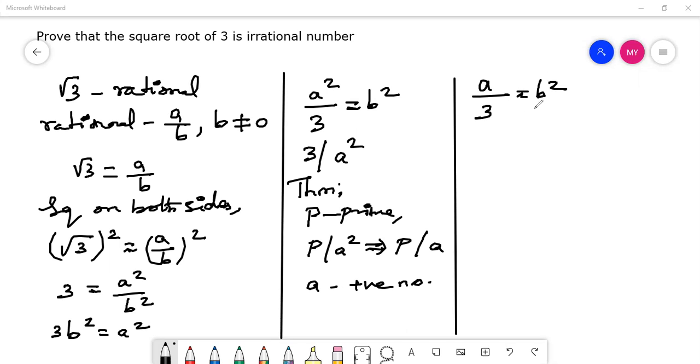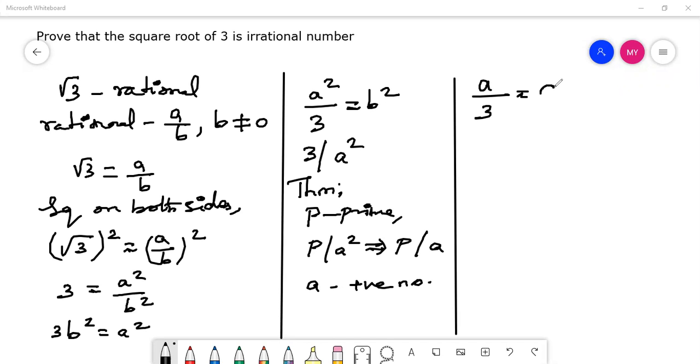Now a square is divided by 3, and we are getting b square. So if we divide the number a by 3, there will be some other number as the answer.